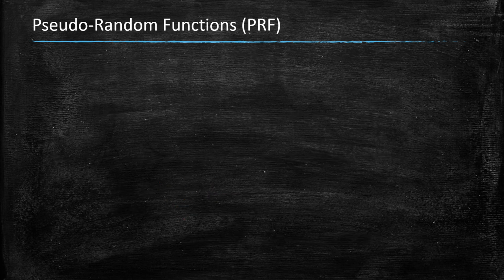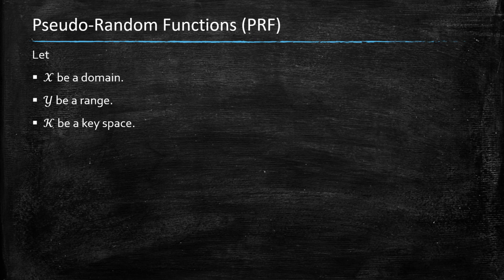message? So to introduce the notion of a secure block cipher, we need to talk about pseudo-random functions, because that's what we want a block cipher to be. So we want a function that operates on a domain, maps elements of the domain to the range, and every evaluation requires a key in the key space.